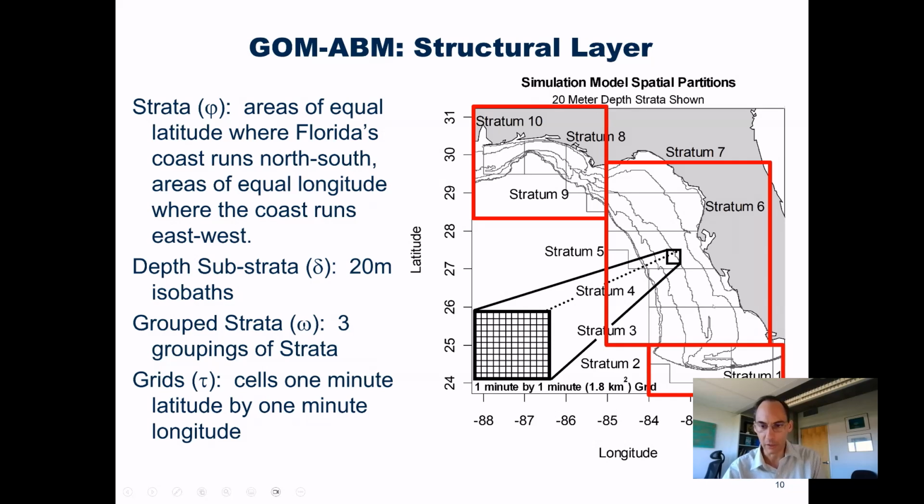Then there are these larger polygons, which are represented by the intersection of these bands of integer latitude or longitude, depending on what part of the Gulf of Mexico you're in, and these other vertical squiggly lines, which represent 20-meter depth contours.